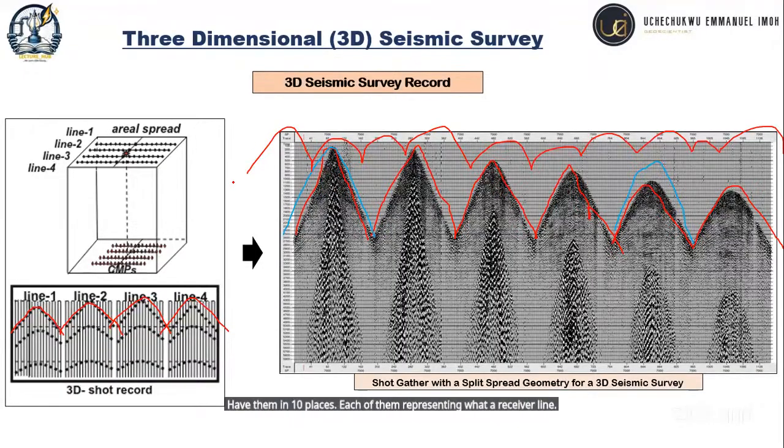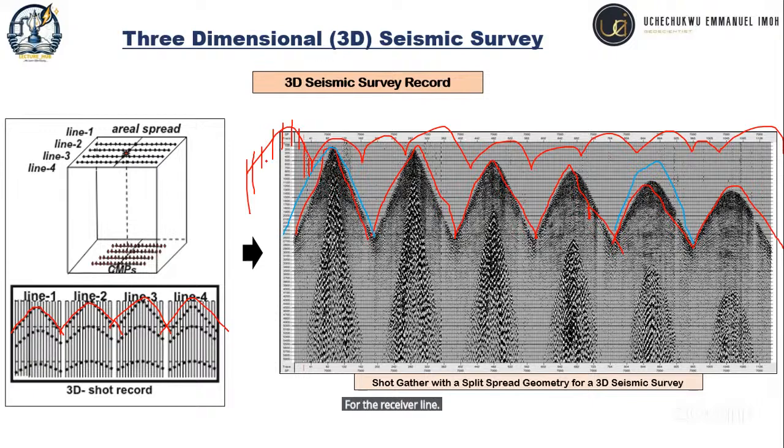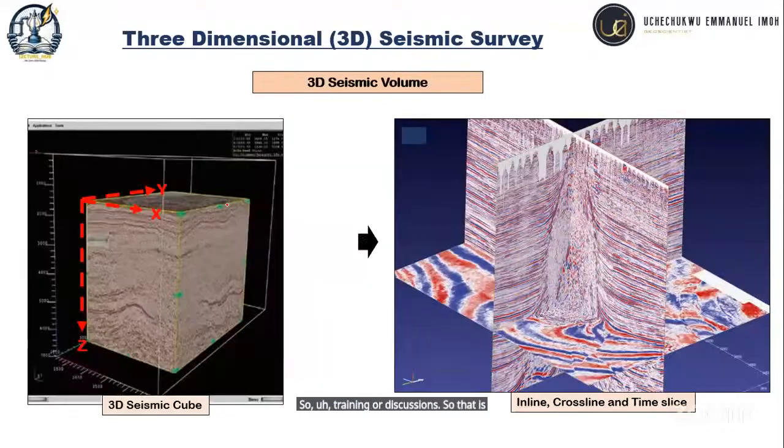And in each of the gathers, you have individual seismic traces coming from individual receivers or geophones for the receiver line. We all know how we generated our seismic traces during our seismic geophysical method training or discussions. So that is that for 3D survey.